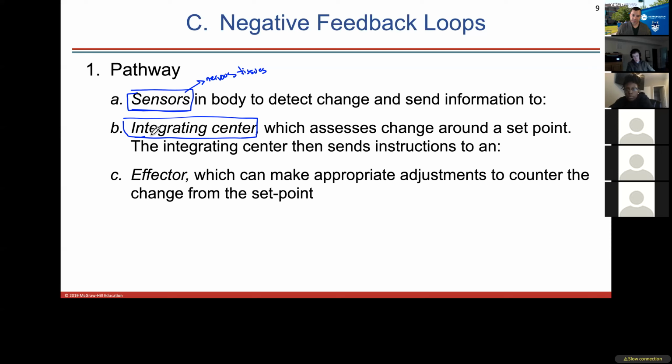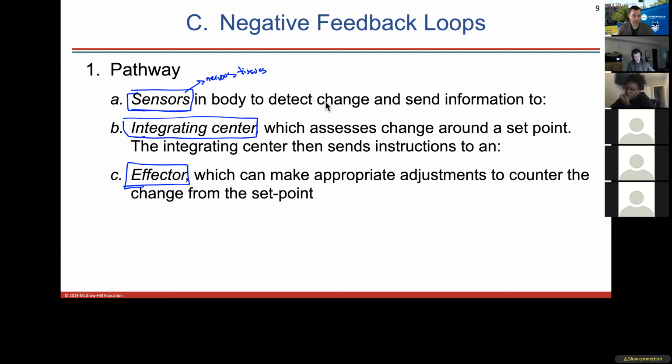Okay, specific regions that integrate that information and send out an impulse that changes something. And that impulse goes to an effector. Okay. And an effector makes the adjustment and gets a counter to what's been happening.